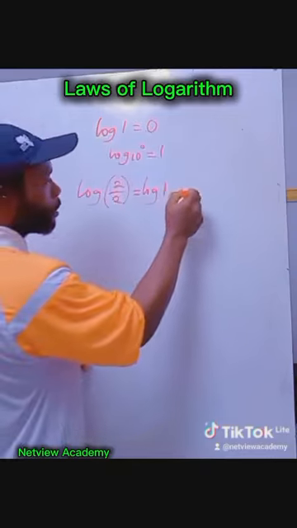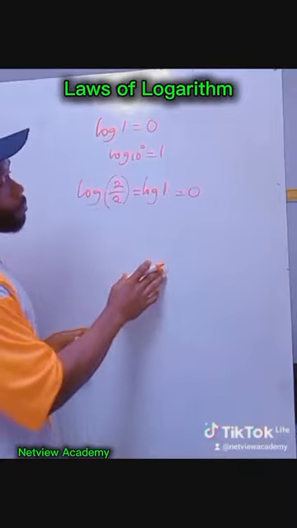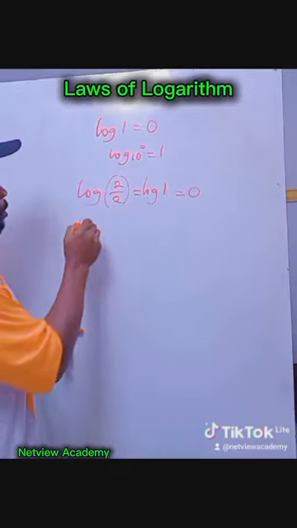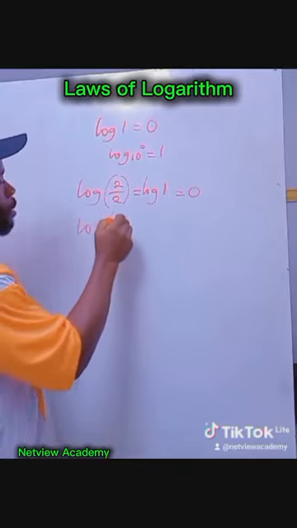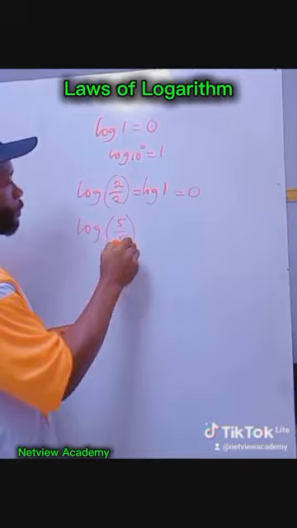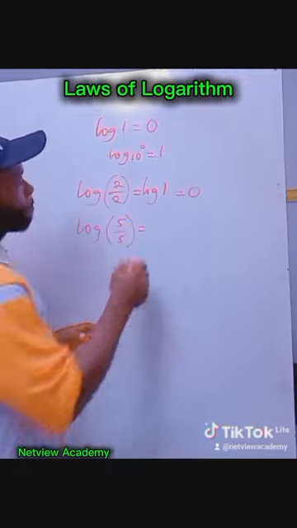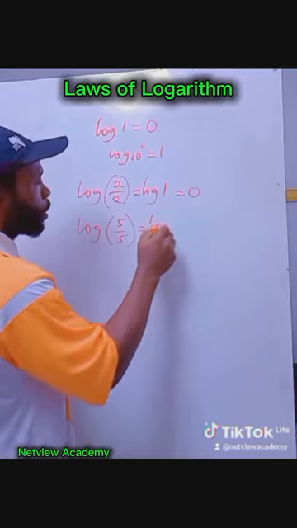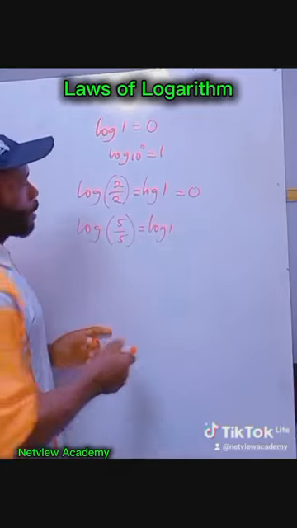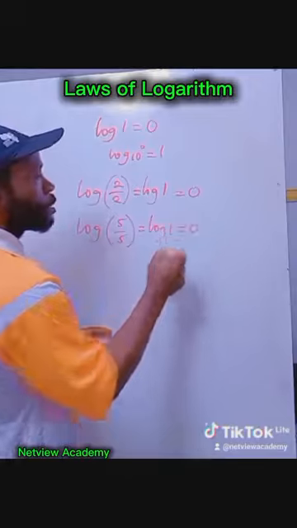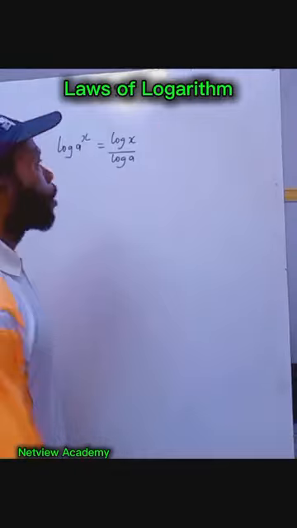Therefore, log 2 over 2 is 0. So if you have log 5 over 5, it's equal to log 1. And the result is always 0.